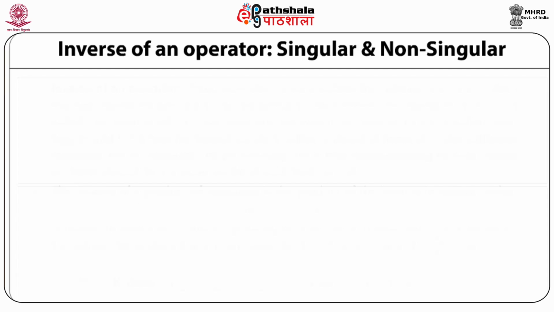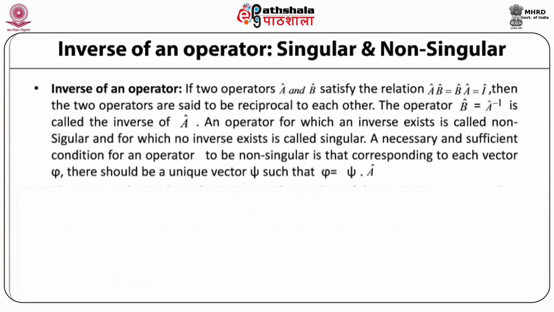Inverse of an operator, singular and non-singular. Now we define the inverse of an operator. So let us consider two operators, operator A and operator B, such that they satisfy the relation operator A into operator B is equal to operator B into operator A is equal to the identity operator I. Then the two operators are said to be reciprocal to each other.